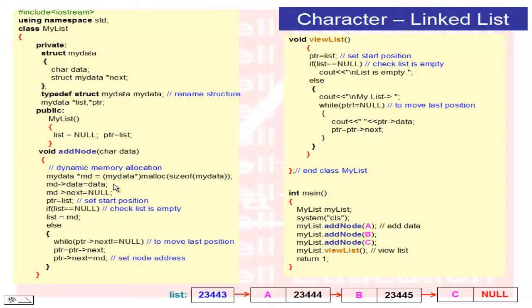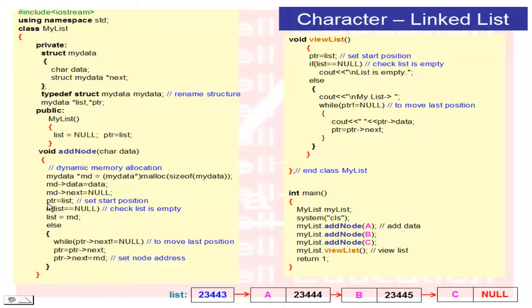Okay, next I created the MyData pointer variable md and allocated memory to this pointer of the size of MyData. Next, in the data part of md I have assigned the data value and in the next part of md I have assigned null. Okay, this is a pointer created each time by using memory allocation.